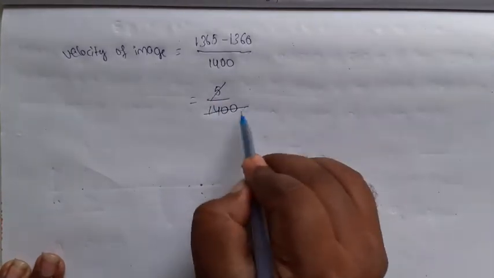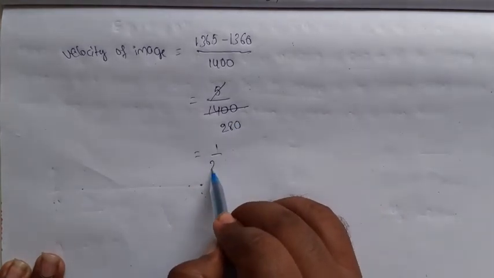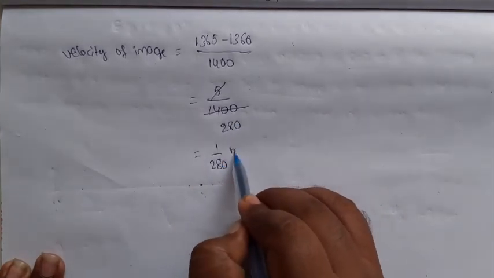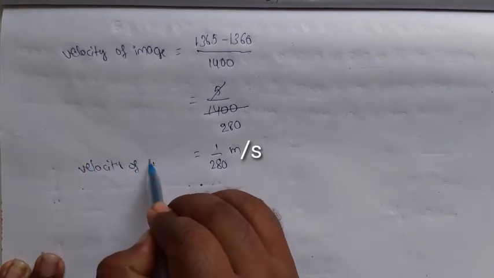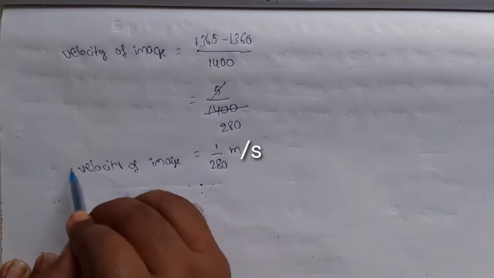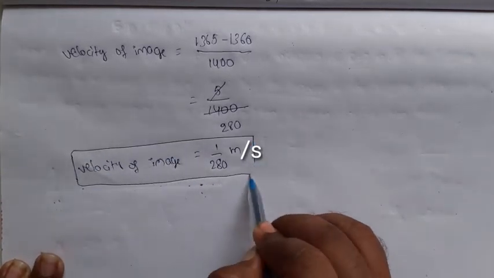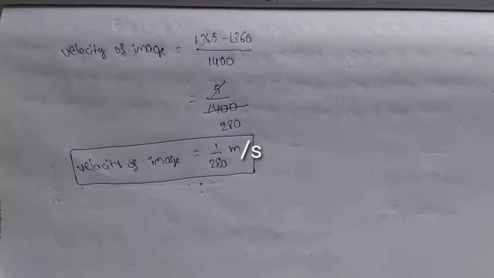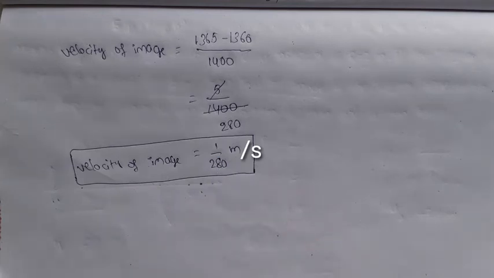How many times gets cancelled? 280 times. So 1 by 280 meter. This is the velocity of image value. This is the answer for first case. So object is placed at 39 meter. Velocity of the image is 1 by 280 meter.